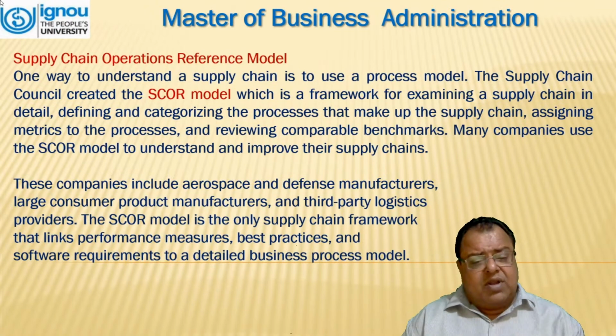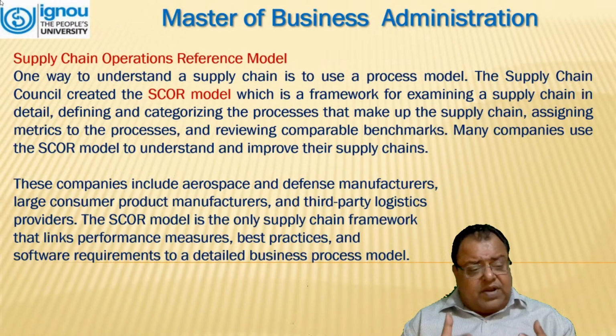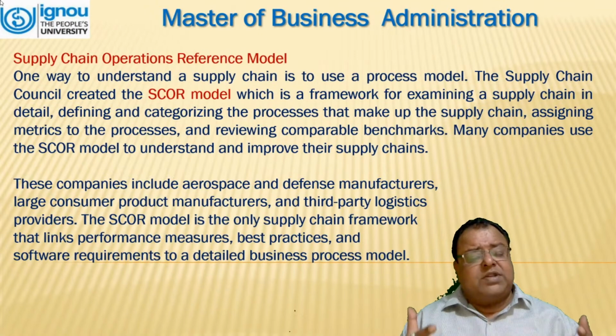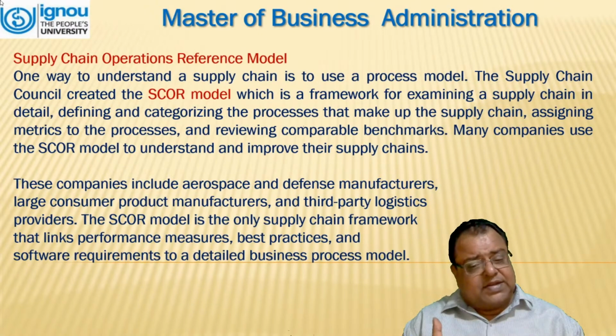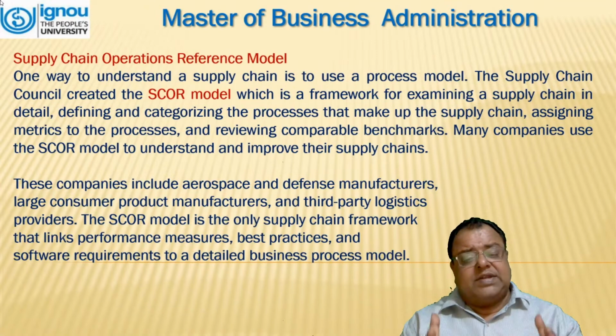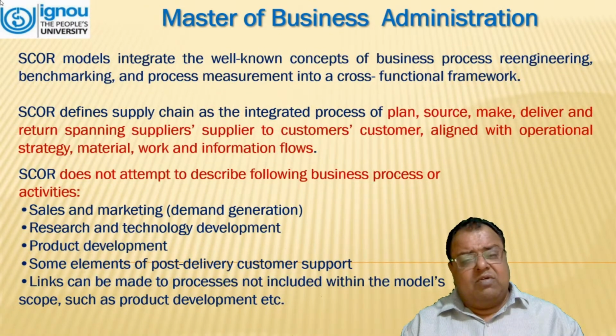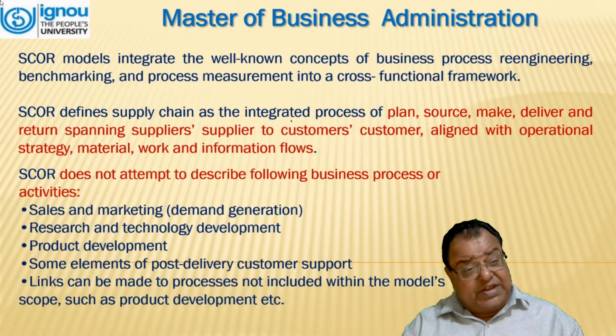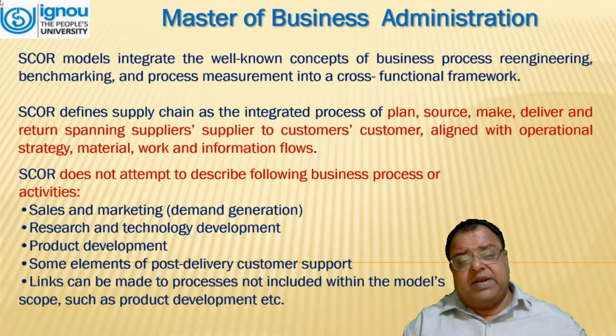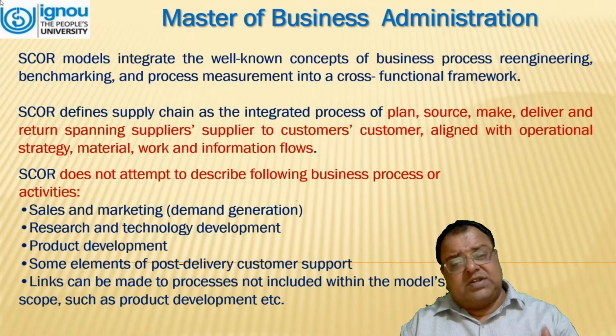The SCOR model is the only supply chain framework that links performance measures, best practices, and software requirements to a detailed business process model. The SCOR model integrates the well-known concepts of business process reengineering, benchmarking, and process measurement into a cross-functional framework.